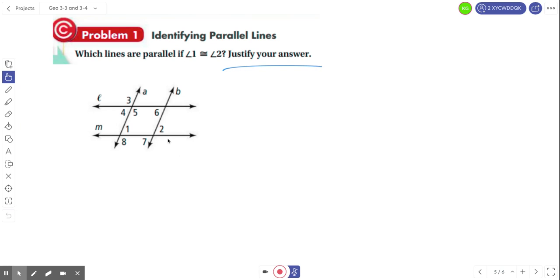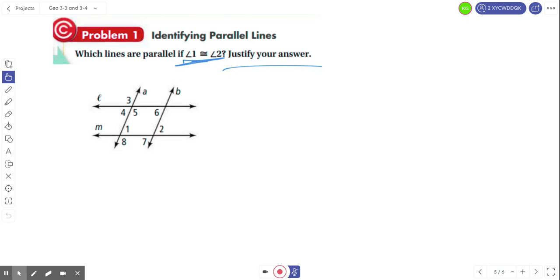So given this picture, if you know that angle 1 is congruent to angle 2, then which lines, either L and M or A and B, I'll give you a spoiler here, L and A, they're not parallel. But L and M might be, or it might be that A and B are parallel. Which ones can you tell are parallel based on the fact that angle 1 is congruent to angle 2?